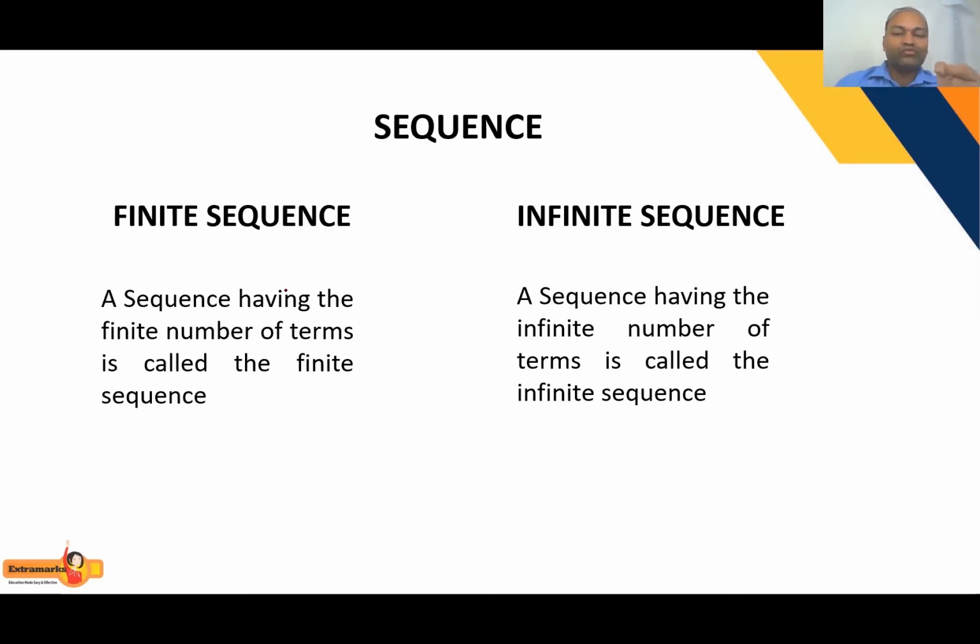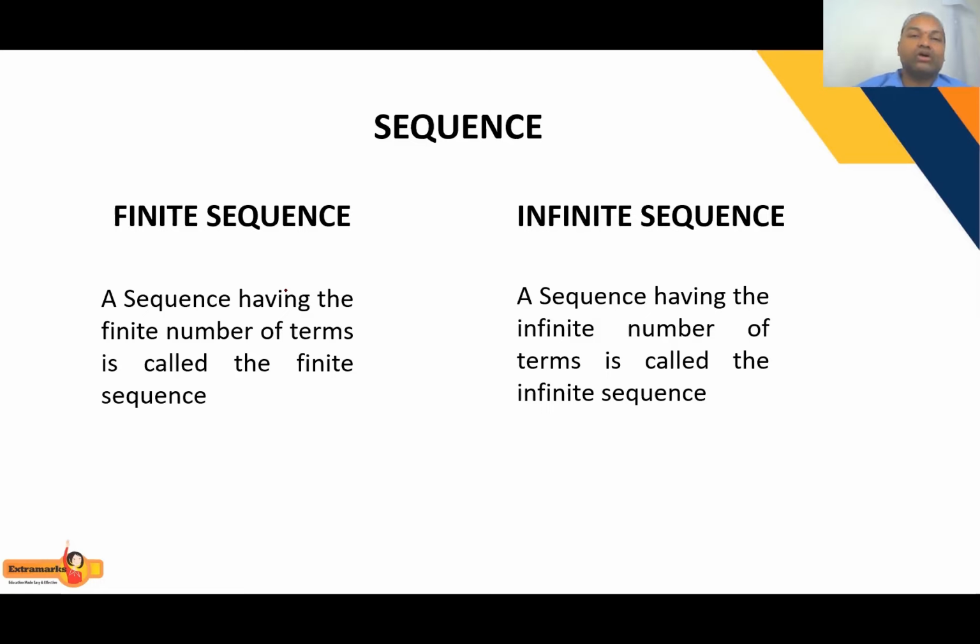I think a similar idea is there in sets also: finite set, infinite set. Finite set means what? A finite set is a set which consists of a finite number of elements. Infinite set means a set which contains an infinite number of elements.